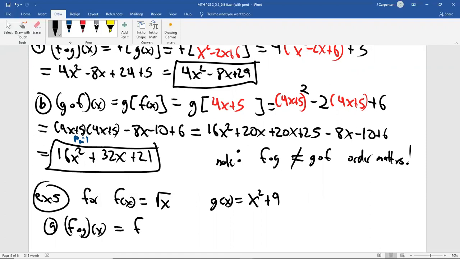All right, so the rewrite. f of g of x. Now we're going to replace the inner function with what it actually is. So this is f of x squared plus 9.